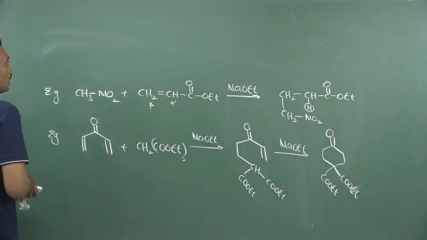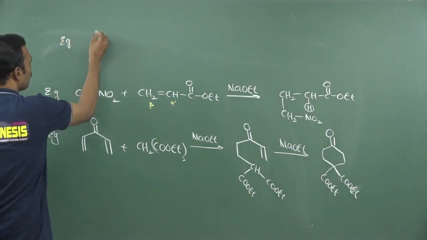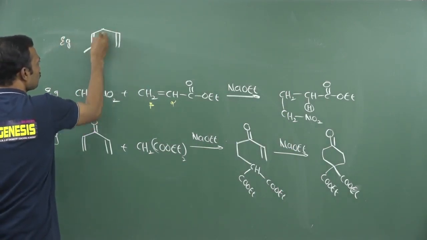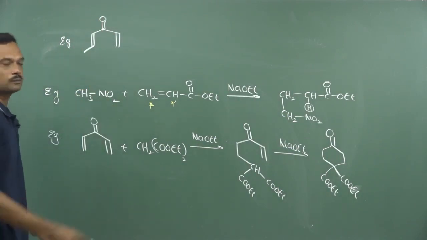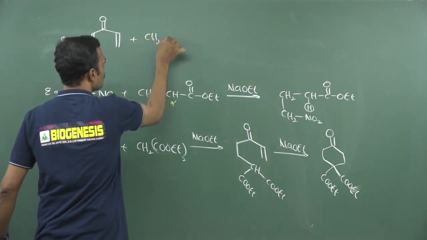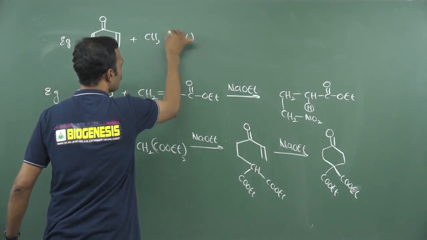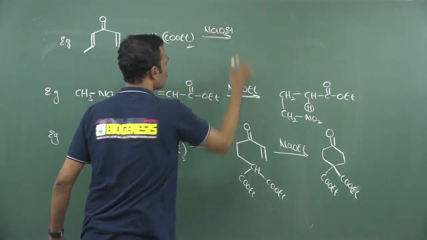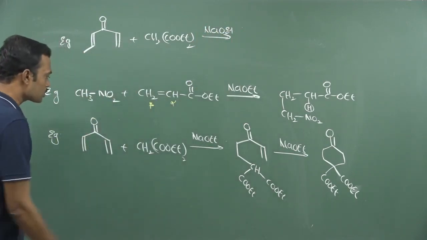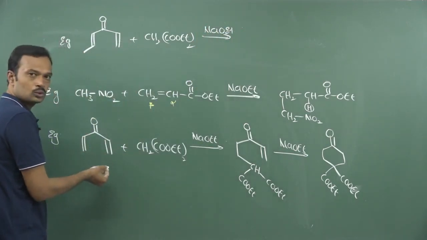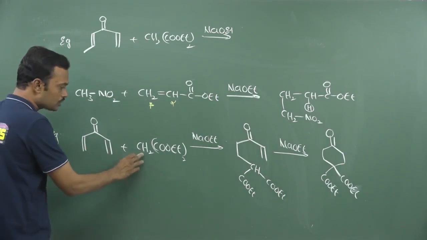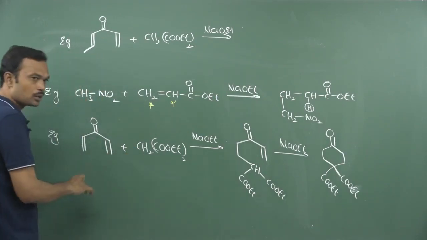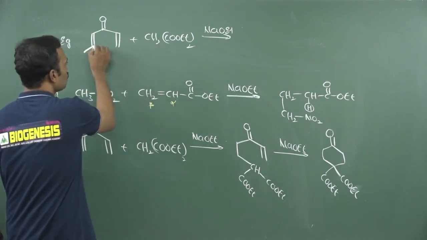Suppose the alpha, beta unsaturated compound has multiple double bonds with unsymmetry, here unsymmetry is present. Now I am taking CH2COOEt taken 2 times. If I use only one equivalent of NaOEt, where will you add? See, if 2 equivalents are used 2 times, now here there is no unsymmetry, here only symmetry is there. You can add this donor on this acceptor on any carbon, but here the 2 are unsymmetric.